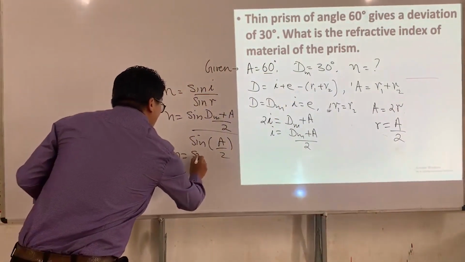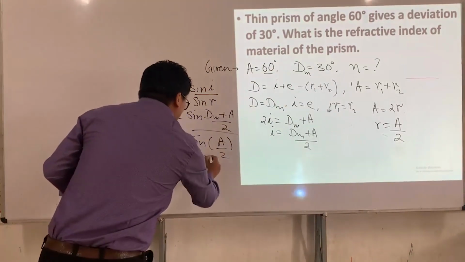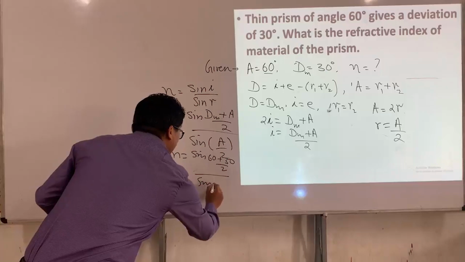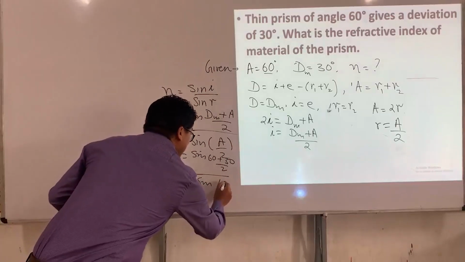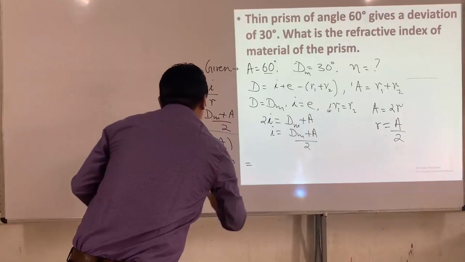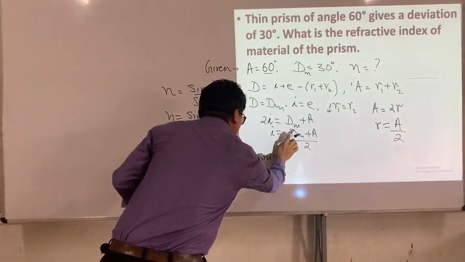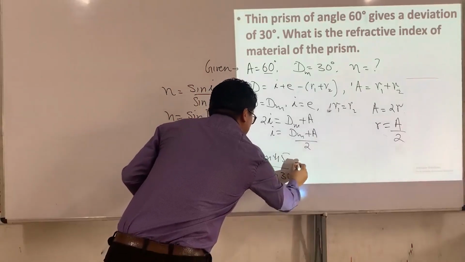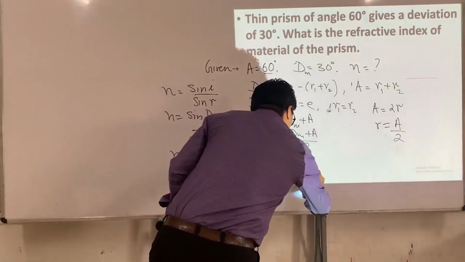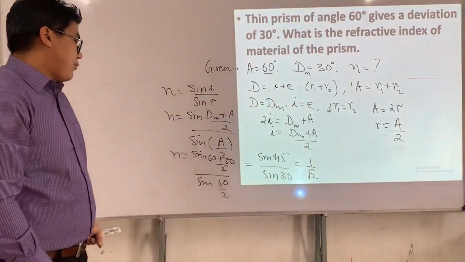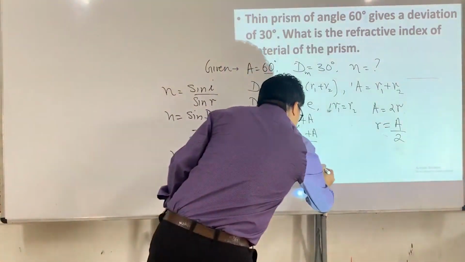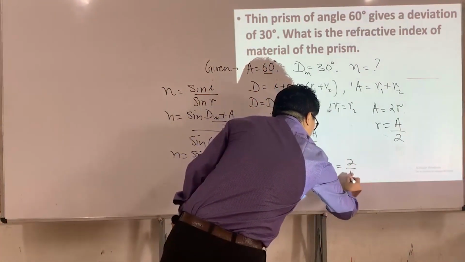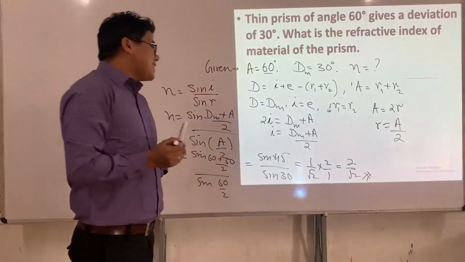So therefore sine of (60 plus 30) divided by 2, divided by sine of 60 divided by 2. This is equal to sine 45 divided by sine 30. What is sine 45? 1 by root 2. And what is sine 30? 1 by 2. So therefore it is going to be root 2 by 1. So this is the refractive index.